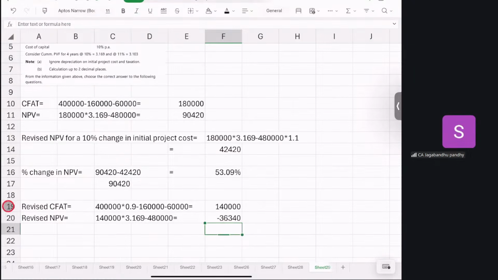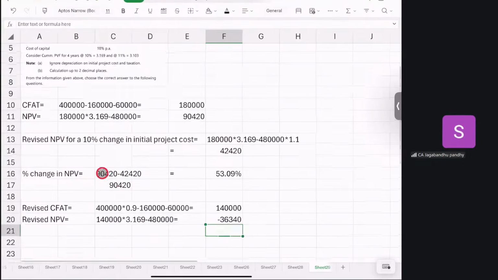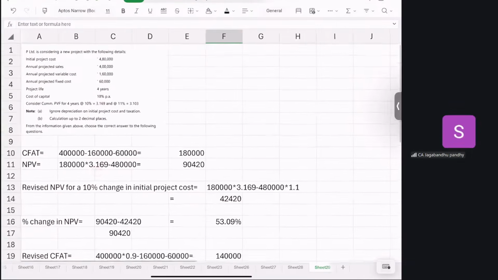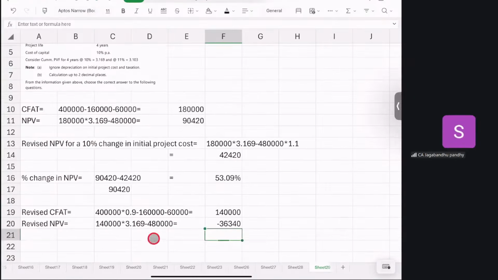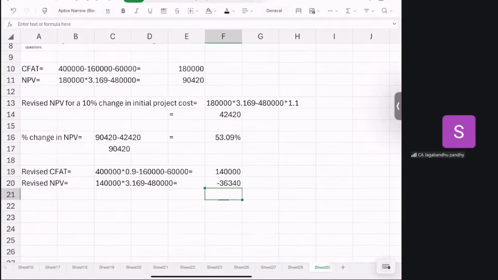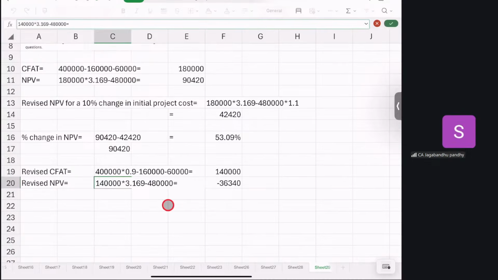Our cost is 4,80,000. But profit we got 443,660, right? Okay, I mean the cash inflow you're seeing.